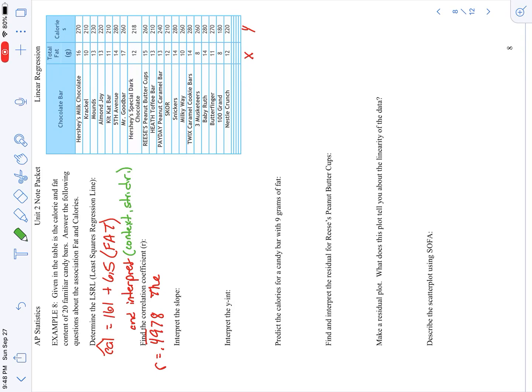All right, so here we go. The relationship between fat and calories is, so that took care of the context, moderately strong and linear.